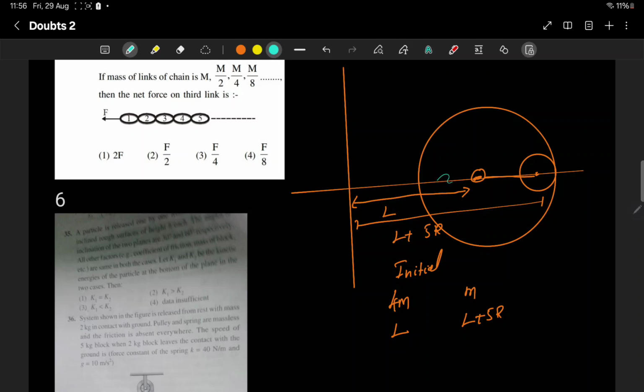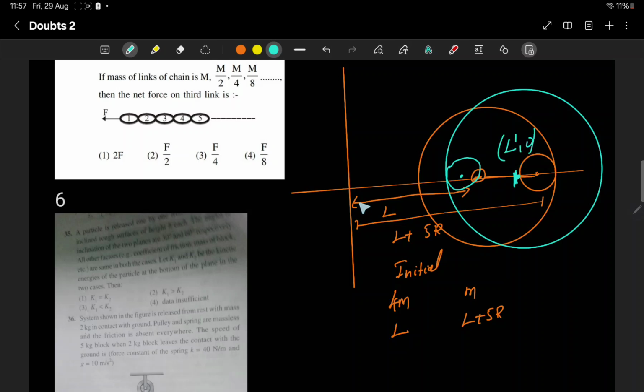Now if the small sphere comes here, the large sphere would have moved forward. So after some time, the sphere will be here, and the smaller sphere here. Let the new center coordinate be L prime comma 0.